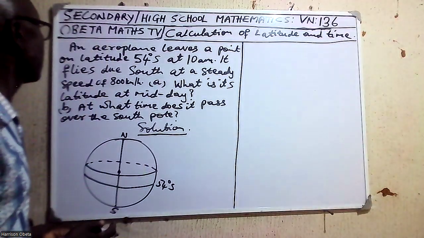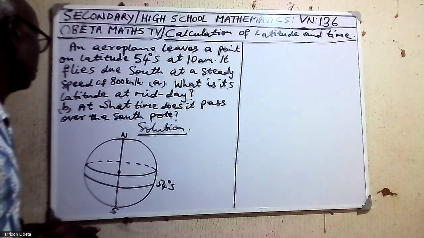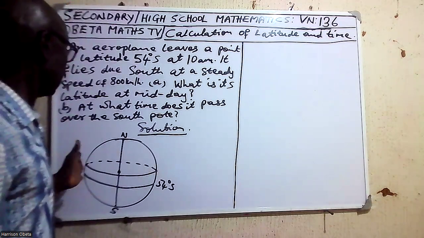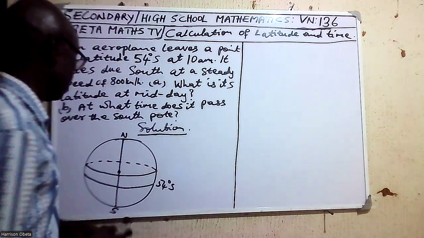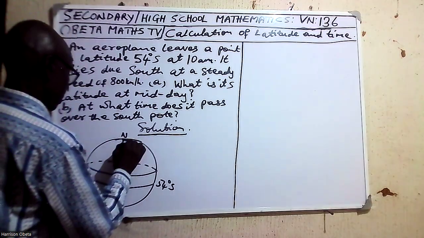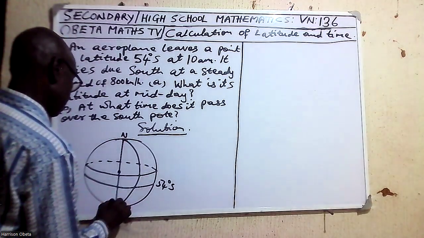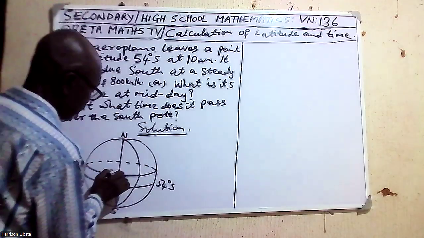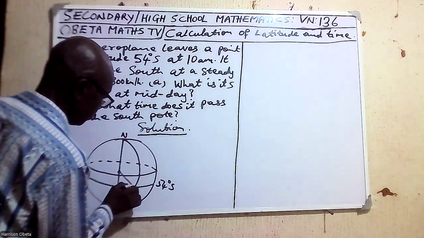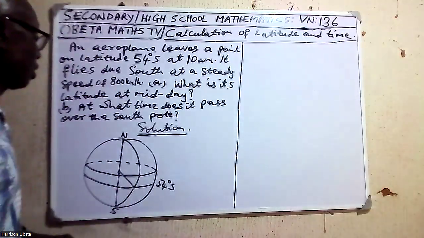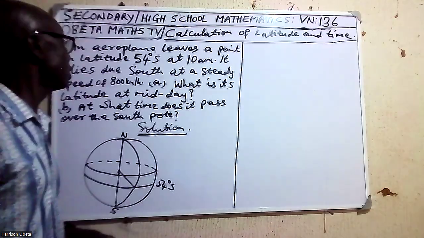We are not told the longitude, so we can put the longitude either at the east or west. But let us use this to represent the longitude. So we are talking of this now, because the distance is along longitude.